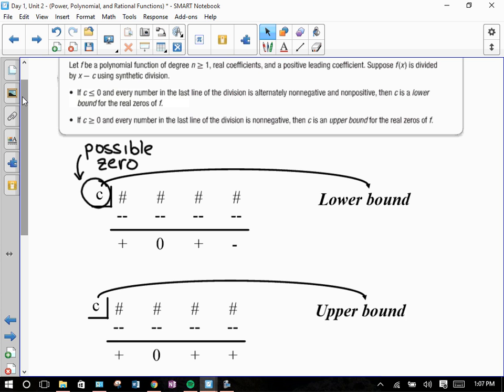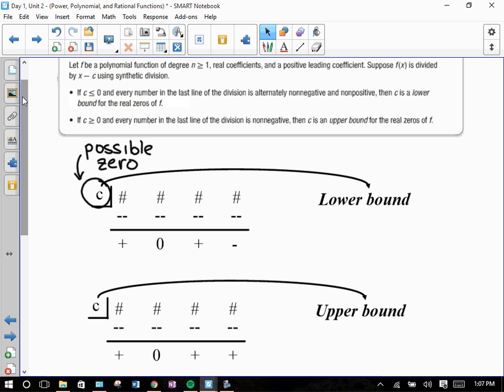Now, if every number that you get is non-negative, it is an upper bound. So if everything is positive or zero, that means the number you have found is an upper bound.